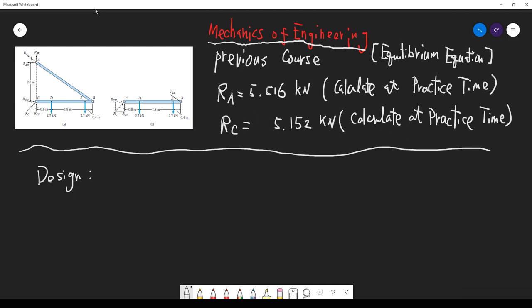But now, from this semester, we start to learn the constitutive equation. Second is the material property.